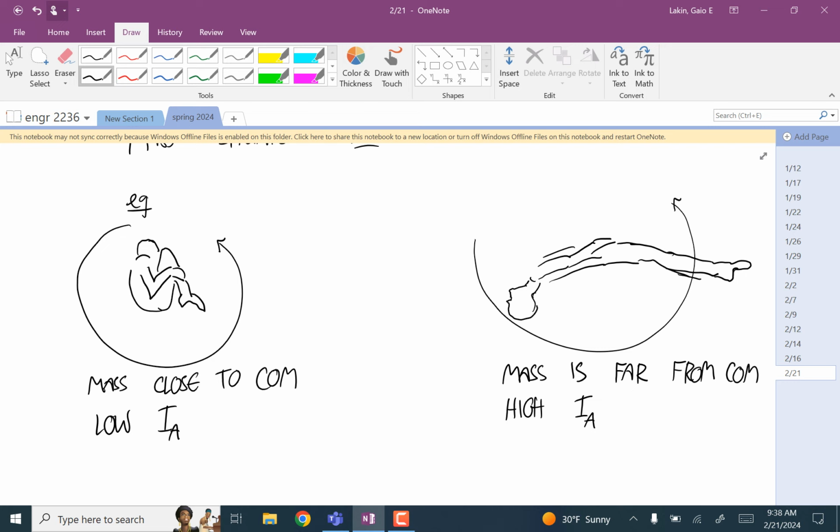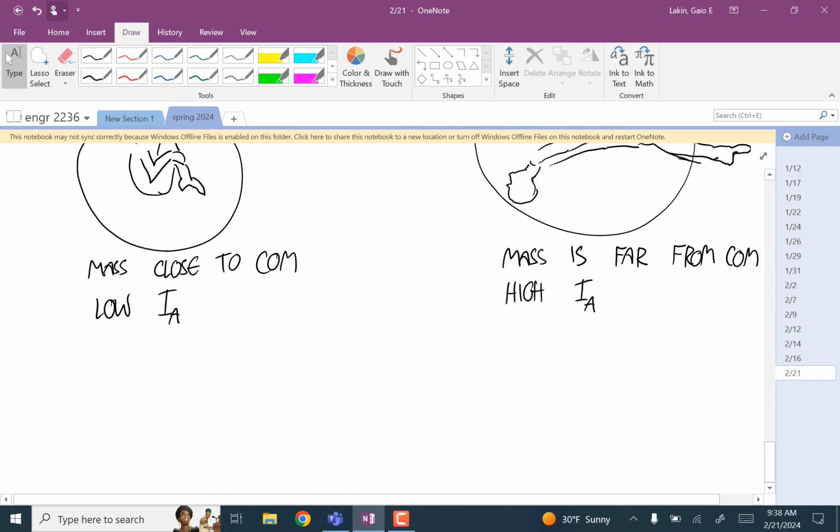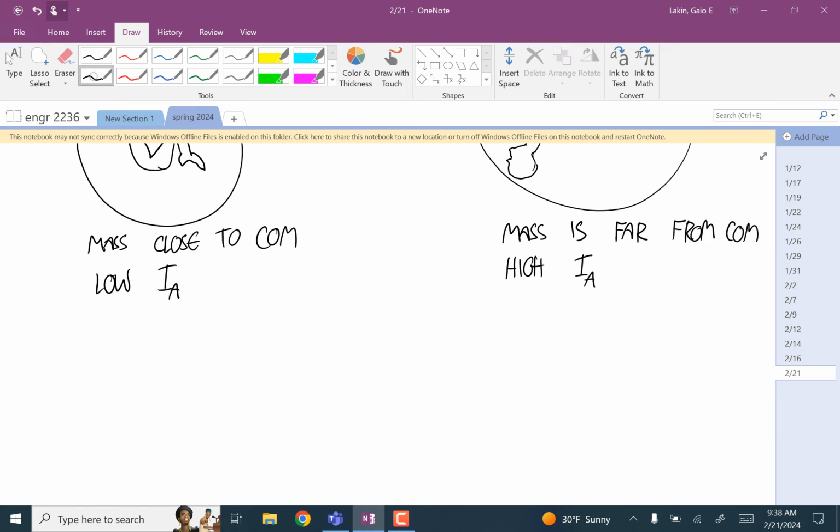Okay. Well, mass moment of inertia also has an integral definition.